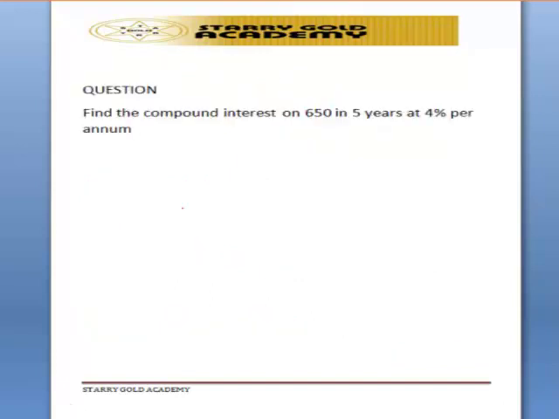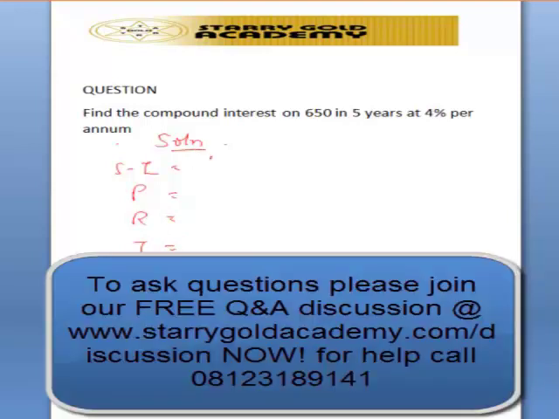The question says, find the compound interest on 650 in 5 years at 4% per annum. So let's, as usual, get our parameters: our SI, our P, our R, and T. Our simple interest is not given.